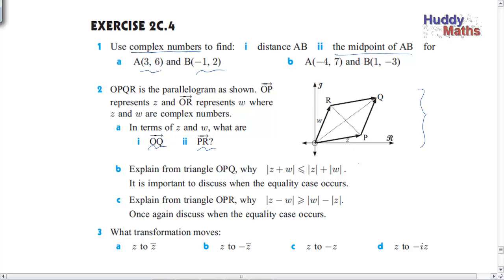Now down here we've got a couple of interesting questions about triangle OPQ, this one here, and OPR, this one over here. Okay, so you might have a look at that. I don't know whether you know the theorem necessary to do those two.